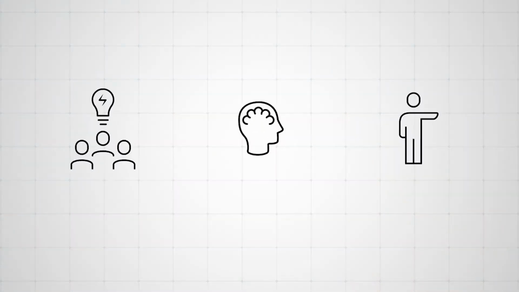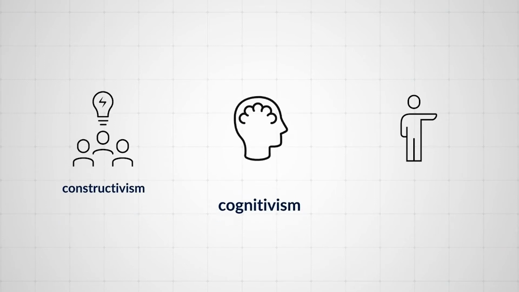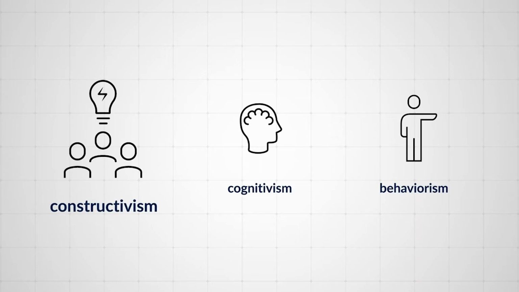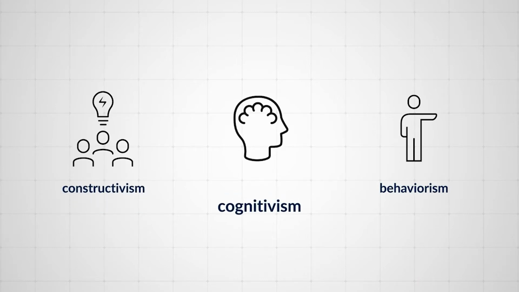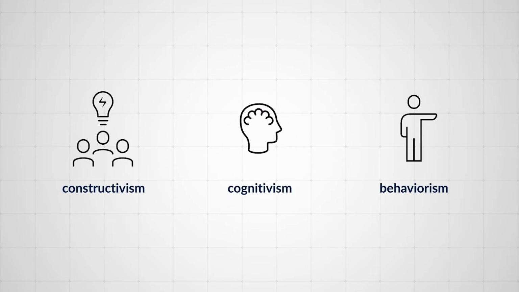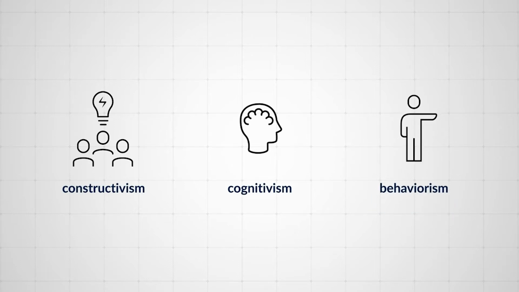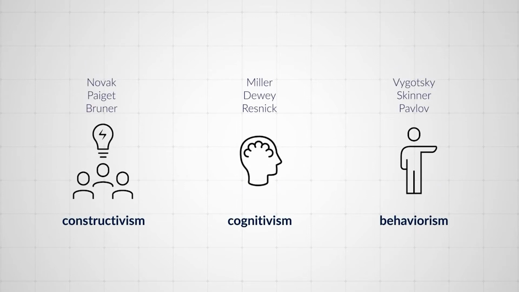There are three major orthodoxies of learning: constructivism, cognitivism, and behaviorism. Constructivism is concerned with what we understand and know. Cognitivism considers how we understand and know. Behaviorism is concerned with the changes that occur through learning. Within the fields of these three orthodoxies are a number of theories about the nature of learning.